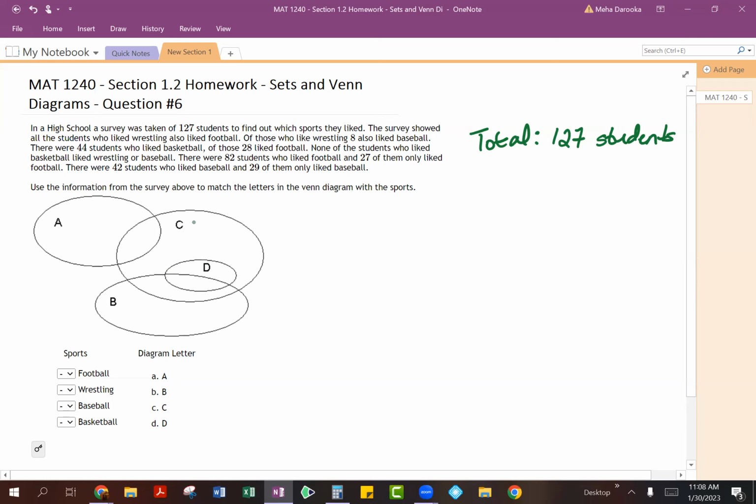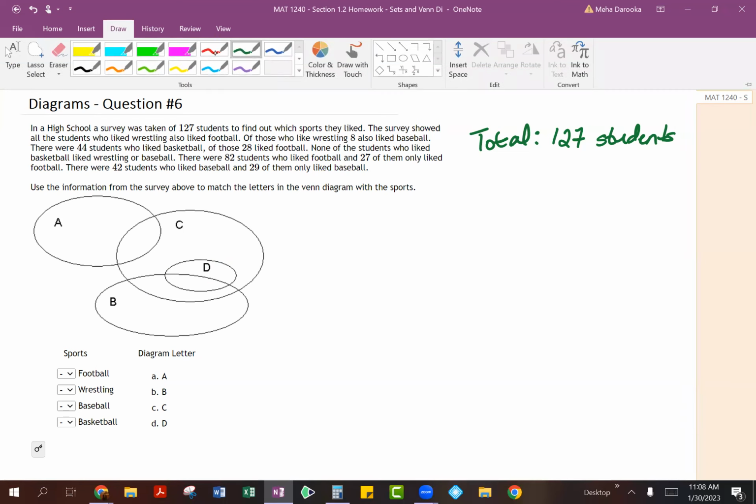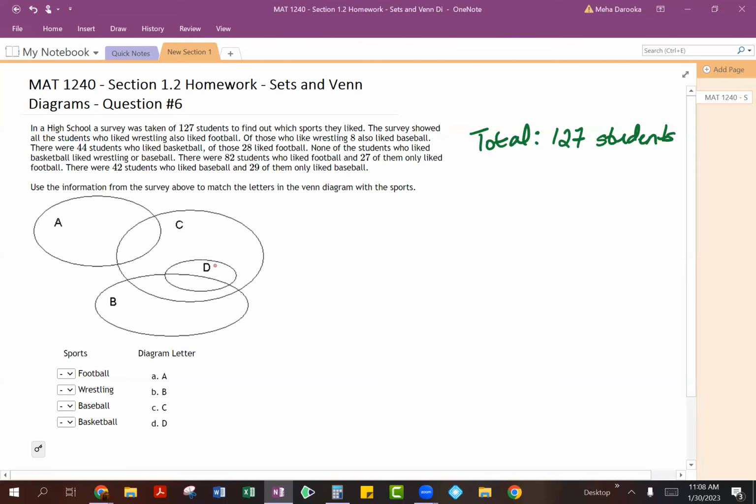So that tells us it's going to be right here between these two. Since all of wrestling is inside football, and I'm just going to use a different color here, this little circle is going to be all the students who like wrestling, and the larger outer circle is going to be all the students who like football, okay?